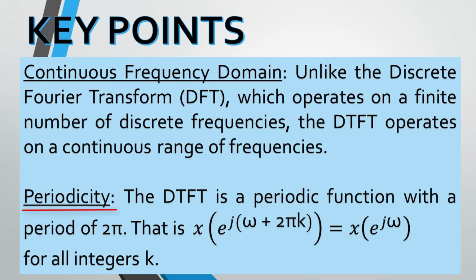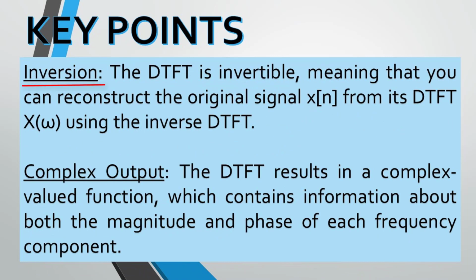The DTFT is a periodic function with a period of 2 pi, that is X of e raised to j omega plus 2 pi k is equal to X of e raised to j omega for all integers k. Inversion. The DTFT is invertible, meaning that you can reconstruct the original signal x of n from its DTFT X of omega using the inverse DTFT.